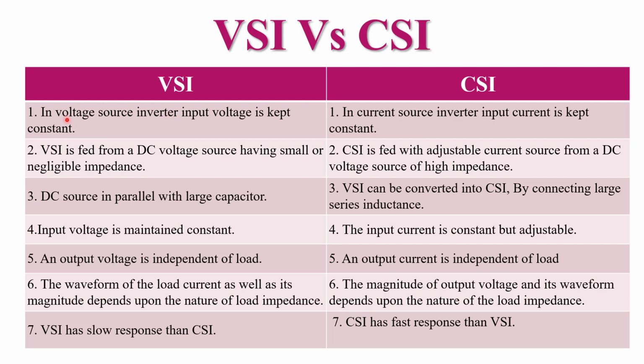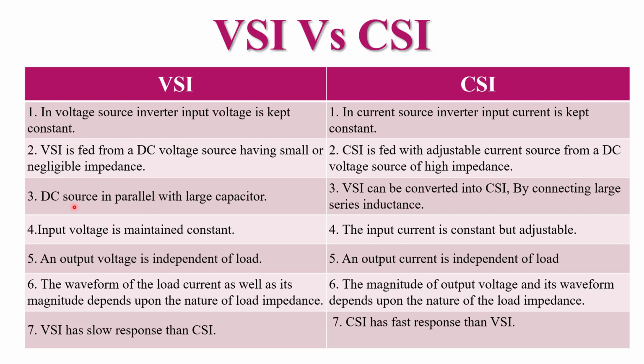So first difference is, in the voltage source inverter the input voltage is kept constant. In current source inverter, input current is kept constant. Next is, voltage source inverter is fed from a DC voltage source having small or negligible impedance. Current source inverter is fed with adjustable current source from a DC voltage source of high impedance.